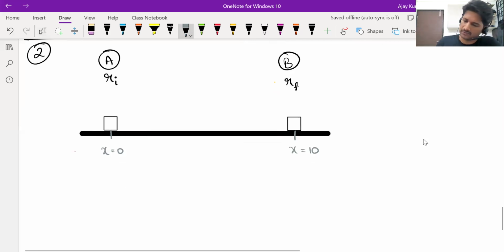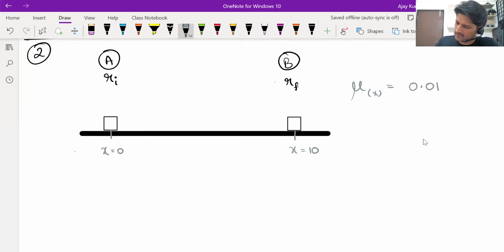Let's say coefficient of friction varies with the x coordinate, means from point to point the coefficient of friction varies, and it varies as 0.05 into x.